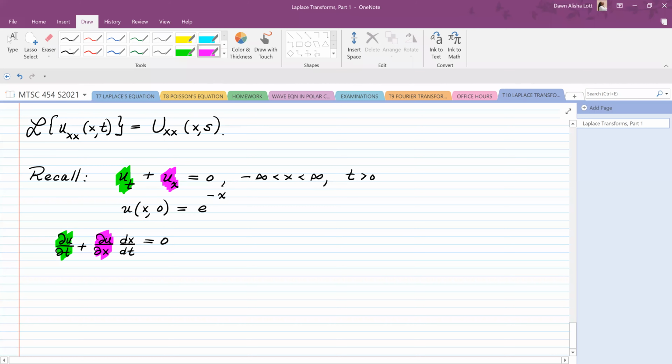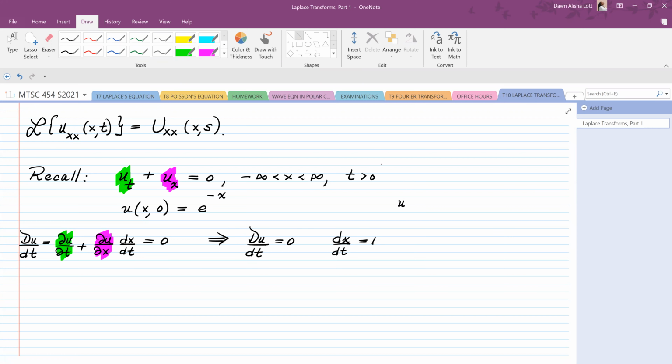So this equation implies two things. This is du/dt. So this implies du/dt is equal to 0, and dx/dt is equal to 1. And here we're assuming u is a function of x.